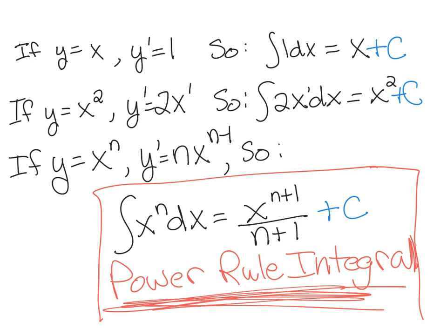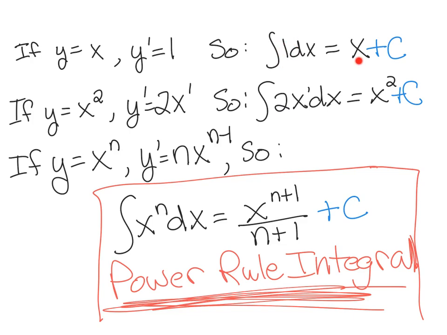But for now, all of our answers are an infinite family of answers. So you find the antiderivative, this is called your integrand. You find the antiderivative or the integral of it, and you put a plus c because there may have been a constant, okay? Long explanation for something simple.